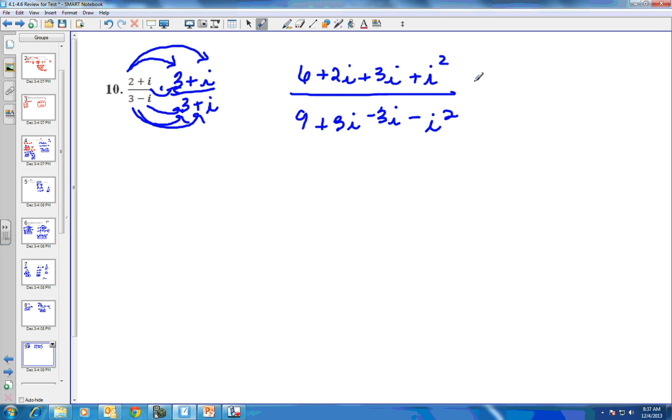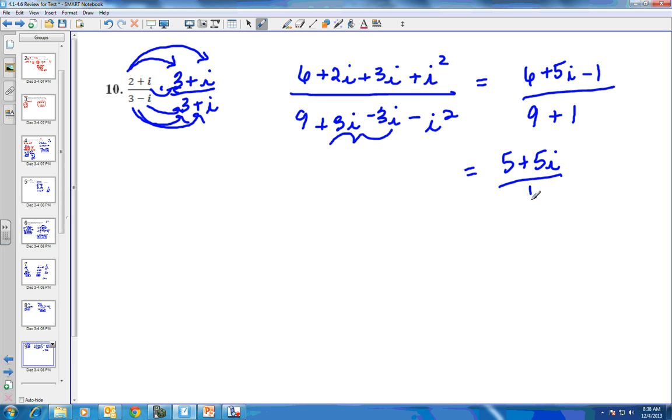So on the top, 6 plus 5i, and then what's that i squared going to change to? Negative 1. Right here, my 3i's cancel, and I get 9 minus a negative 1, so that's going to be plus 1. So I have 5 plus 5i on top over 10.